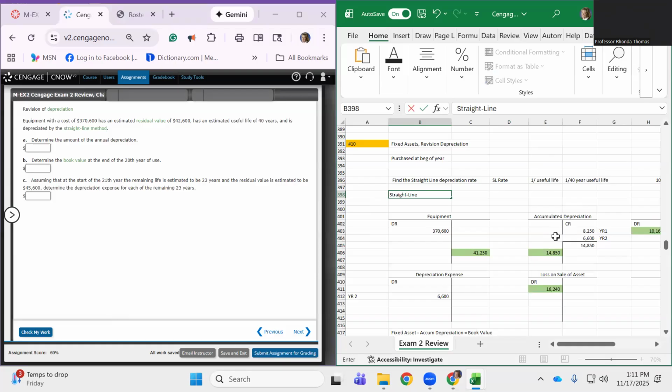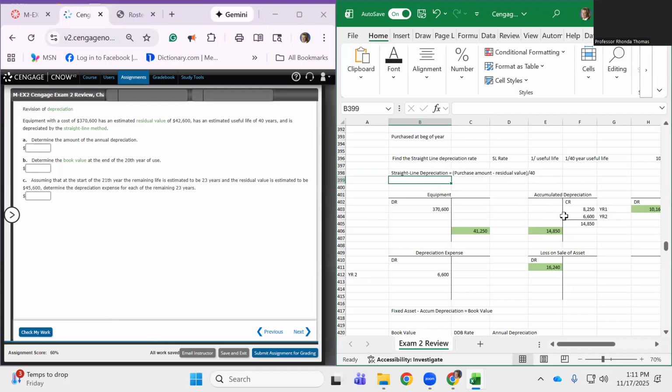Straight line depreciation equals the purchase amount of the asset less any residual value, all in parentheses, and then you divide by the number of years of useful life. We're going to divide by 40.